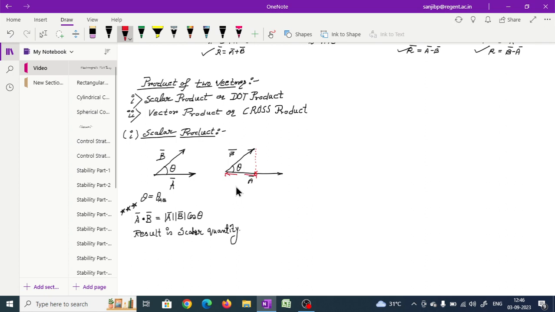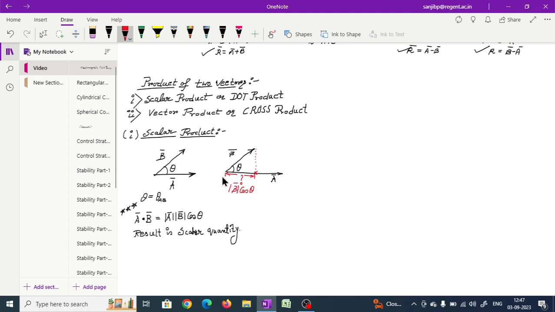I write A again here, and this is the projection of the B vector along the A vector. What will be the value of this? It makes an angle theta with the A vector, so this value will be B cos theta. Remember, this value will be the mod value.